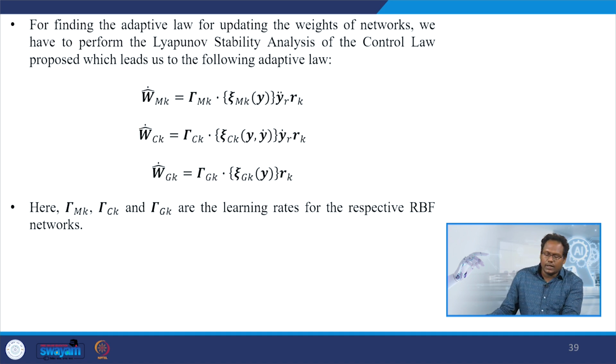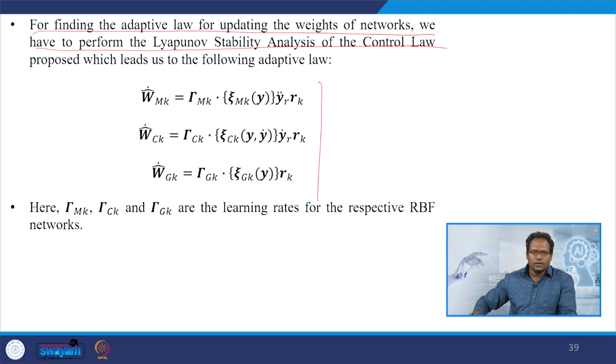Now, to find the adaptive law for updating the weights of the networks, we have to perform the Lyapunov stability analysis of the control law proposed, which leads to the following update law, that is W hat dot for Mk equal to gamma Mk into sigma xi Mk of y into y r double dot into r k.